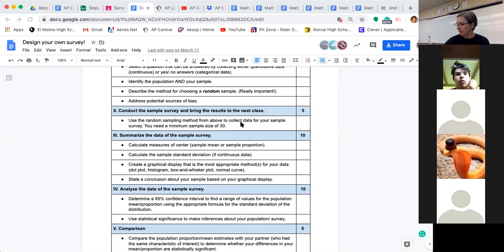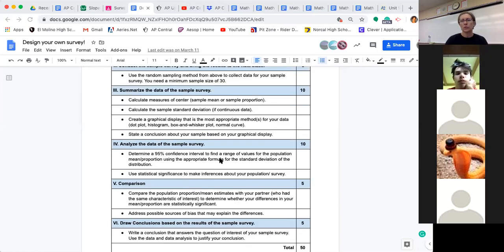Does this all have to be on like a poster? No, it can just be in a document that you type up. It could also be on a piece of paper that you write up. The next part, you're supposed to have some sort of graphical display, and there are ways to do those just in a Google Doc even.